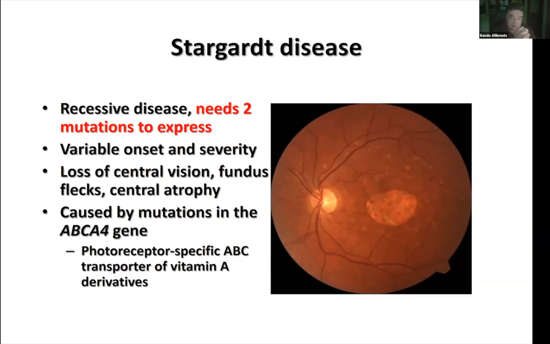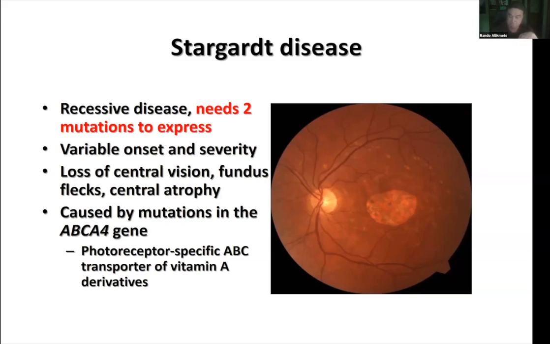So Stargardt disease, I'll show you, has been the main focus of our research. It's very variable, clinically variable, genetically variable. But it has some features that are quite specific. You lose your central vision. Usually there is an atrophy of what we call the macula, or even the more central part of the macula, the fovea.